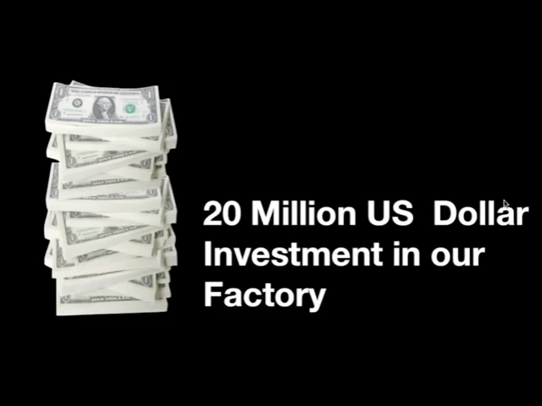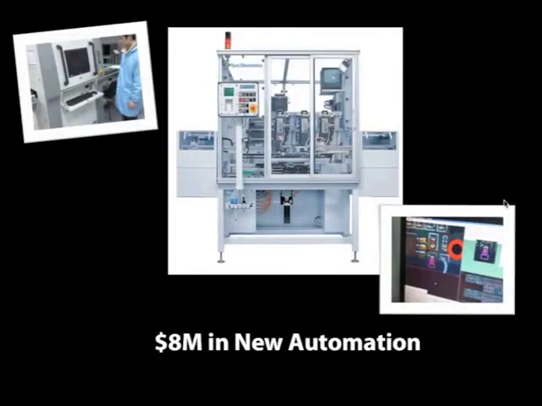With this $20 million, we invested an additional $8 million just in new automation machinery in the factory. We also made the largest purchase of Audio Precision test equipment ever in the history of Audio Precision.